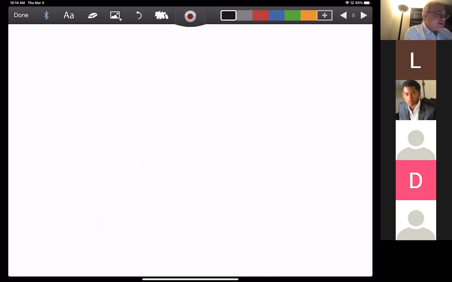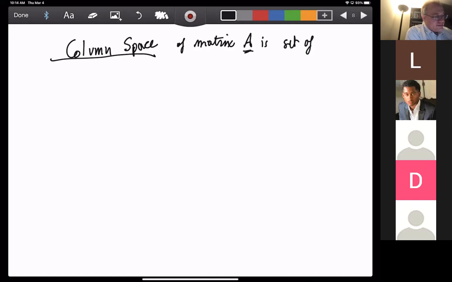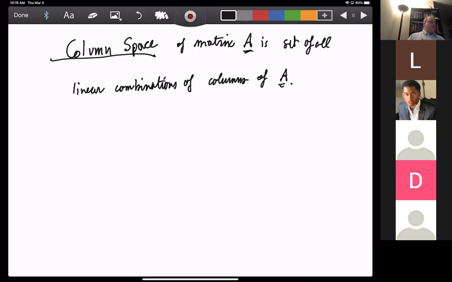All right, so there's another space that's useful to think about called the column space. It's just the set of all the linear combinations of the columns of the matrix.